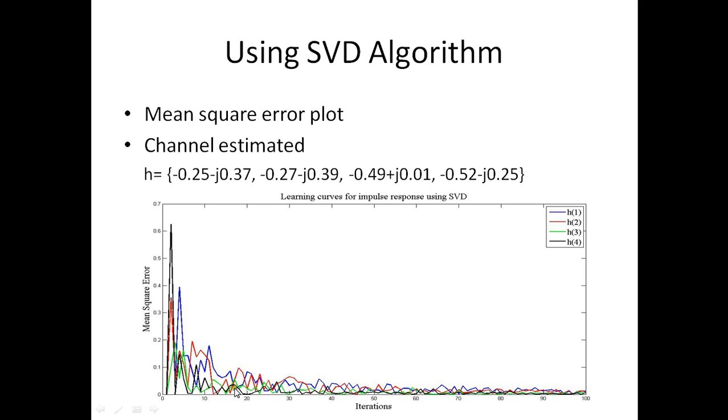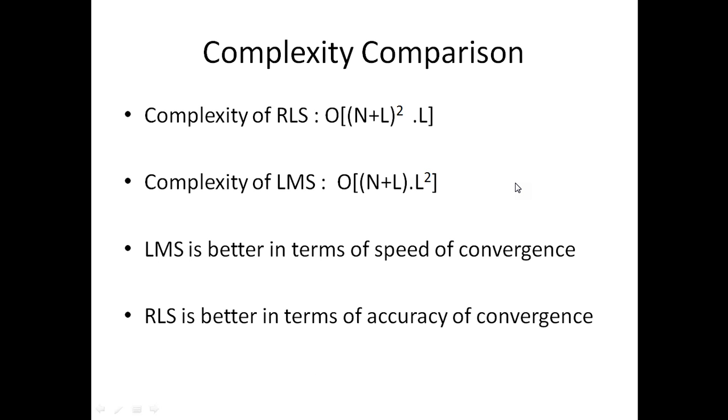We see that the convergence is very noisy because there are matrix inversions involved in this algorithm, which require a matrix to be non-singular, and there are regularization factors in every iteration, which cause this noisy convergence pattern. The final estimate obtained is shown here: minus 0.25 minus j 0.37 minus 0.27 minus j 0.39 minus 0.49 plus j 0.01 minus 0.52 minus j 0.25.